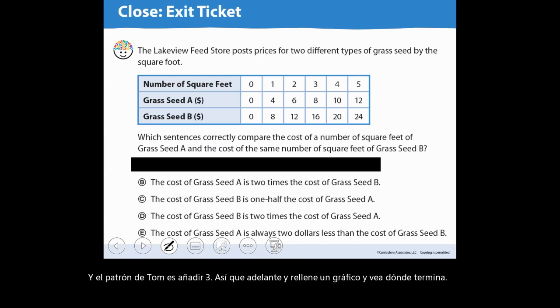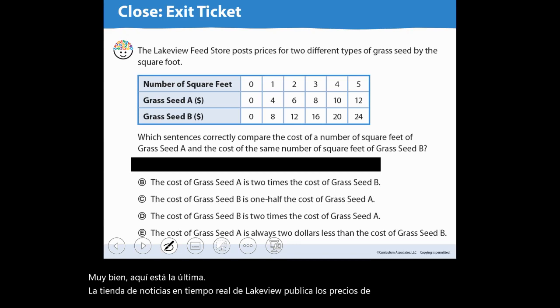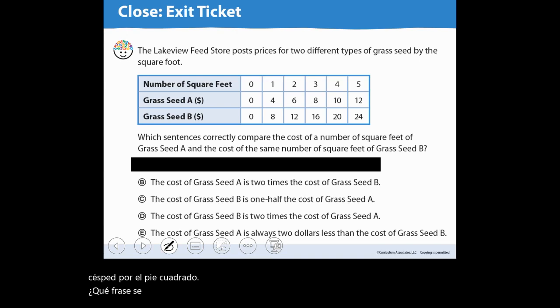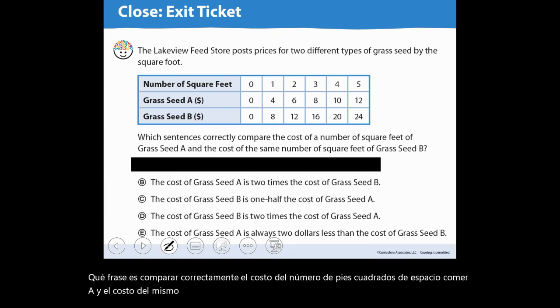All right, here's our last one. The Lakeview Feed Store posts prices for 2 different types of grass by the square foot. Which sentences correctly compare the cost of the number of square feet of grass seed A and the cost of the same number of square feet of grass seed B?